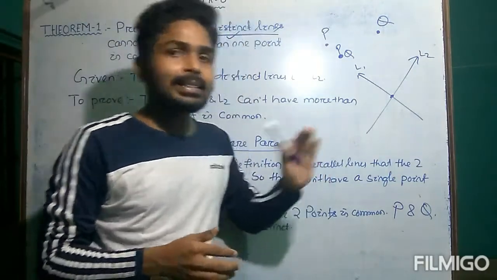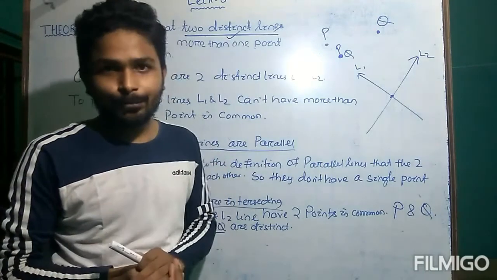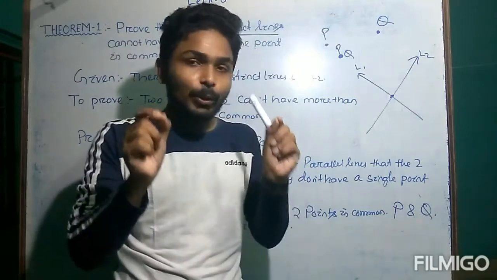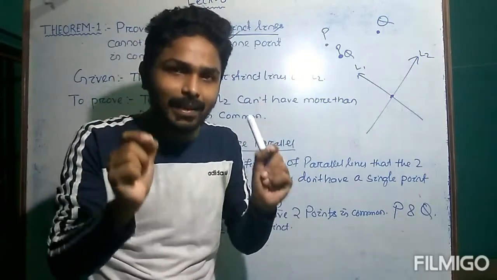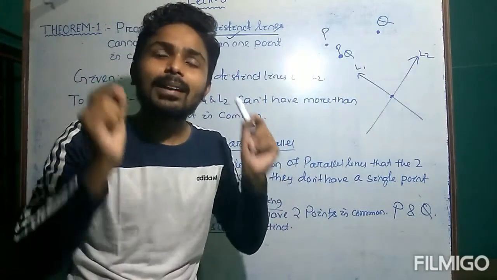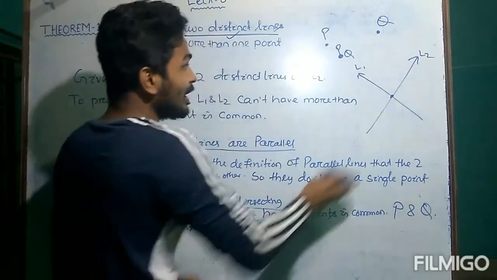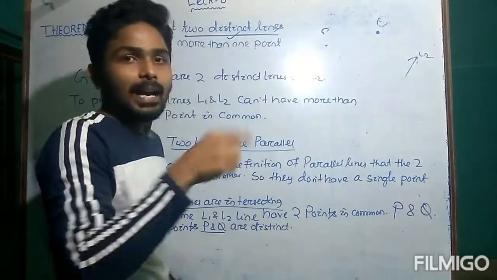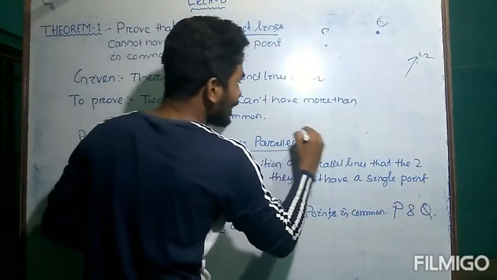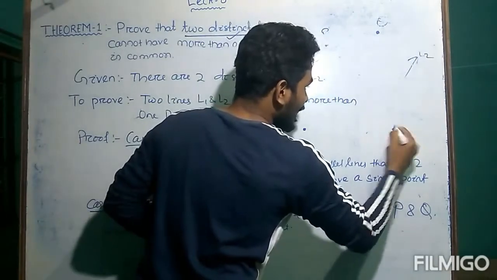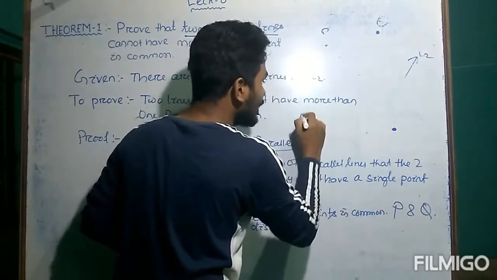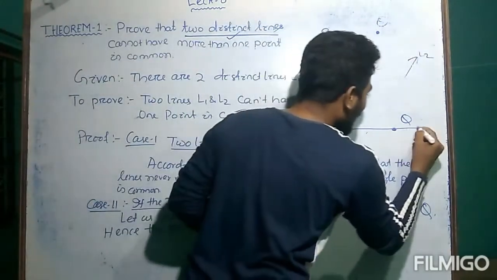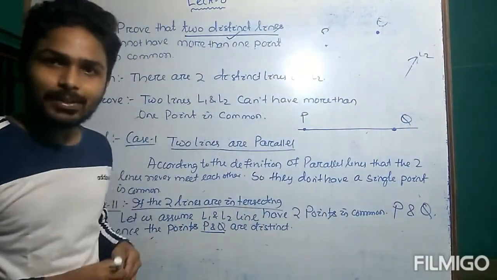Now remember axiom number 5.1. In axiom 5.1 we have studied that in between two distinct points there is one and only one straight line. We have studied in postulate 1, axiom 5.1, that in between two distinct points there exists one and only one straight line. Understood?